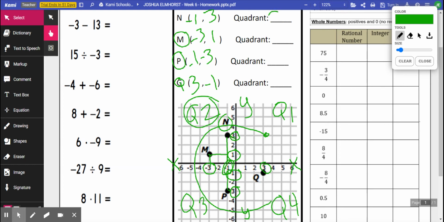Point N is located in quadrant 2. Point M is also in quadrant 2. Point P is located in quadrant 3. And then point Q is located in quadrant 4.